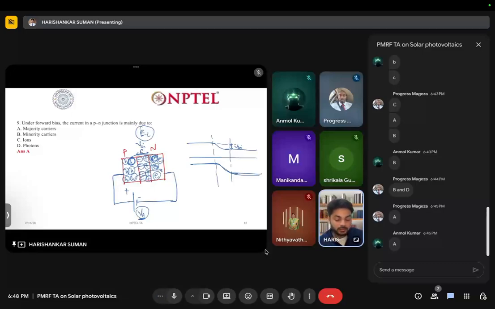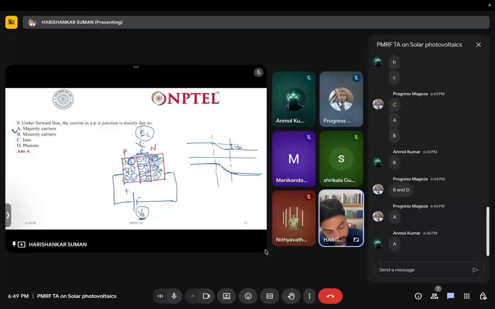They get some extra force, so they can overcome the built-in electric field and diffuse. Due to this, current flows, which is due to majority charge carriers. And what will happen in this case?